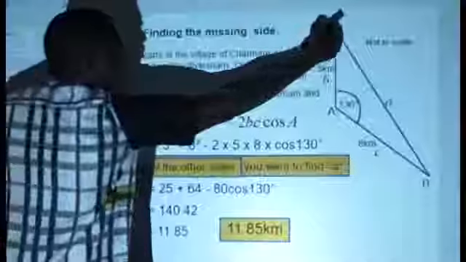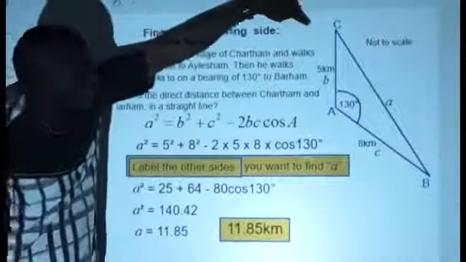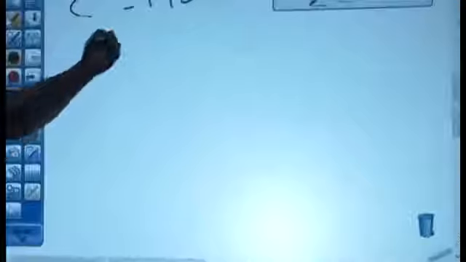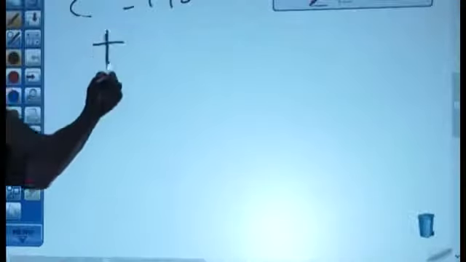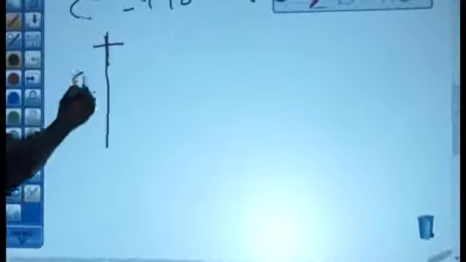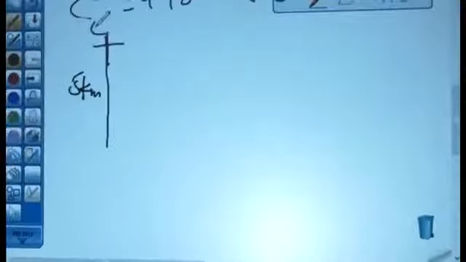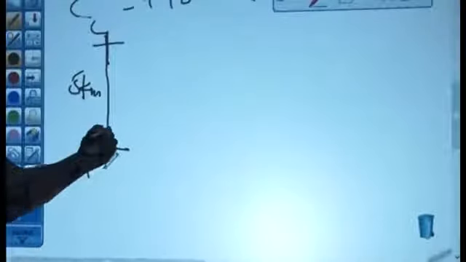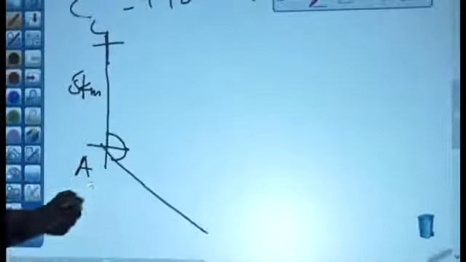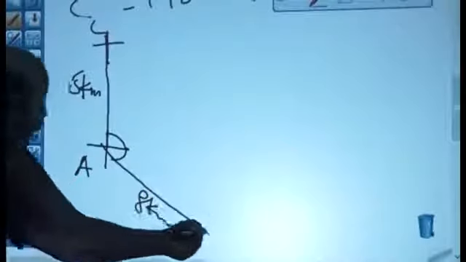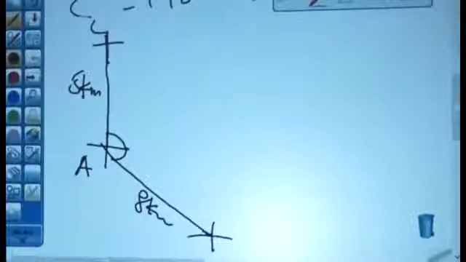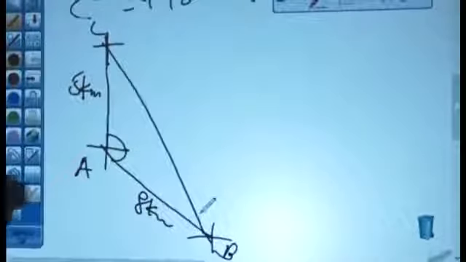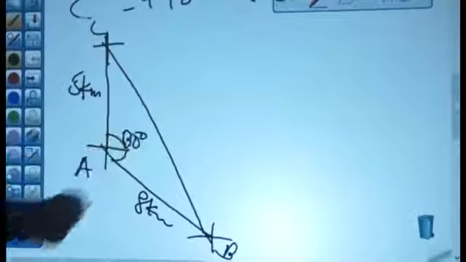A man walked due south from Chatham, southward 5 kilometers, and that one is represented with C, getting to this place A, 130 degrees, 8 kilometers to another town, which is B, 130 degrees.